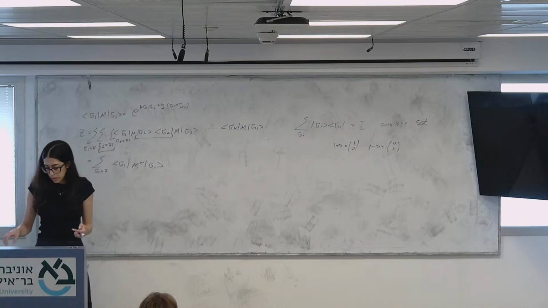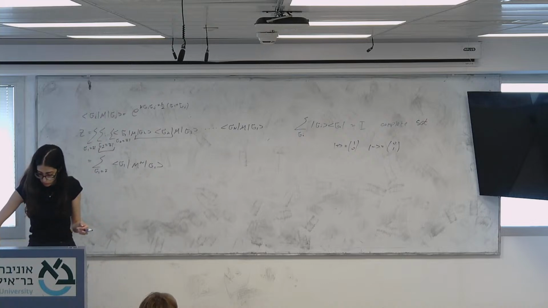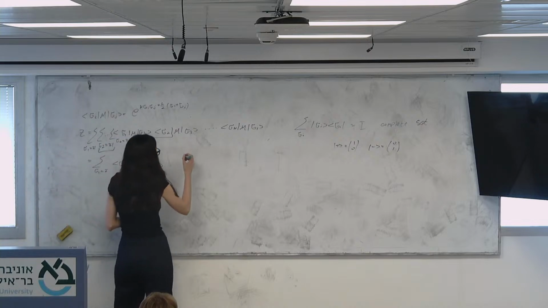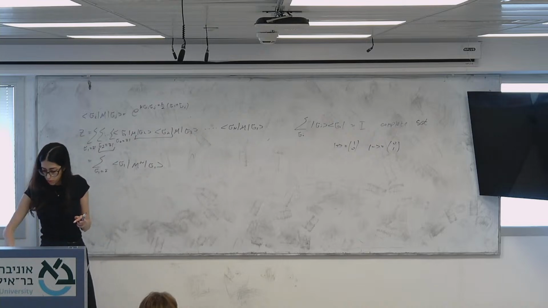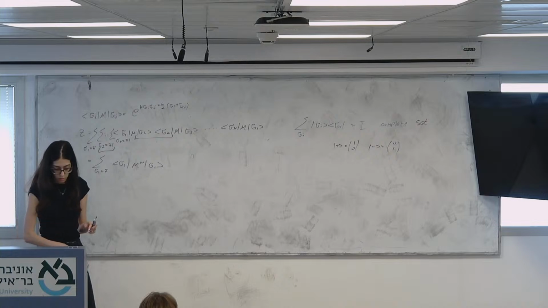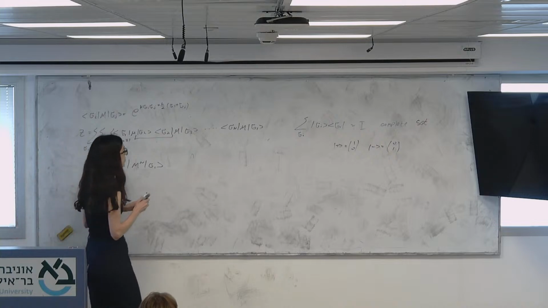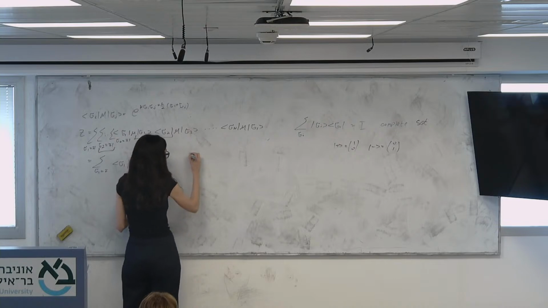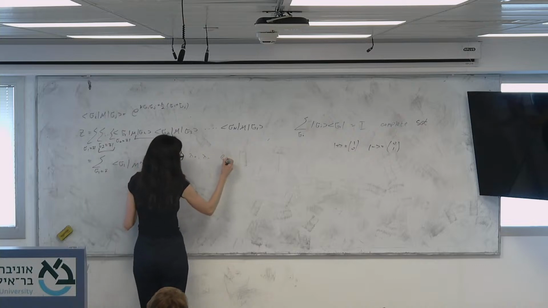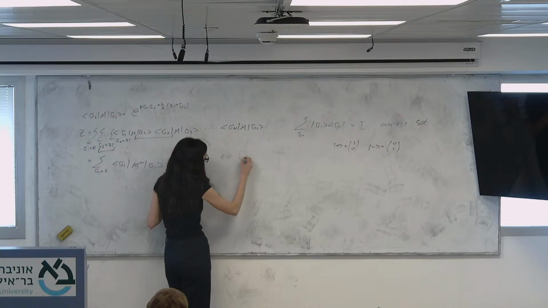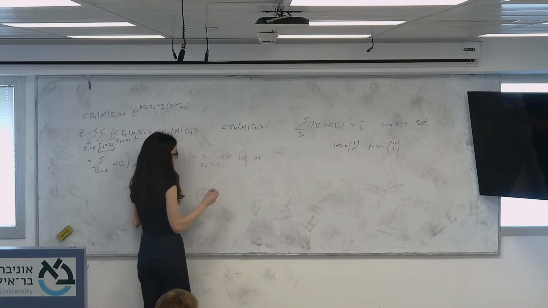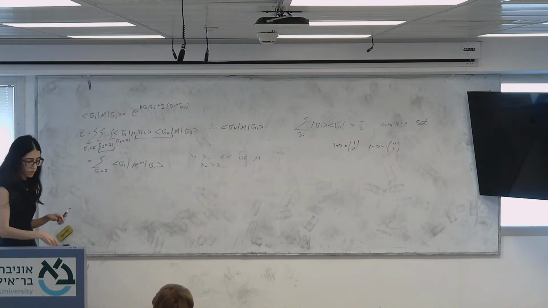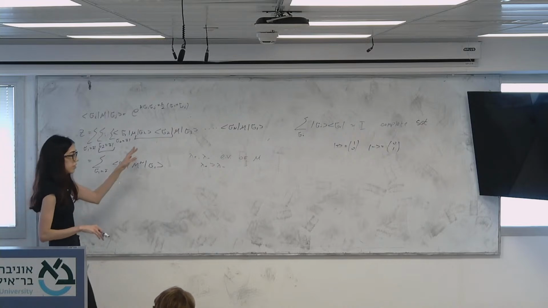So we call them lambda plus and lambda minus, eigenvalues of M where lambda plus is larger than lambda minus. We don't say anything specific about those eigenvalues, we just say this.